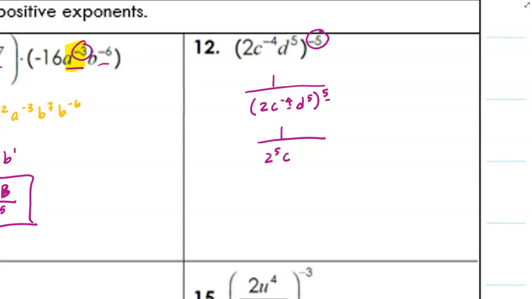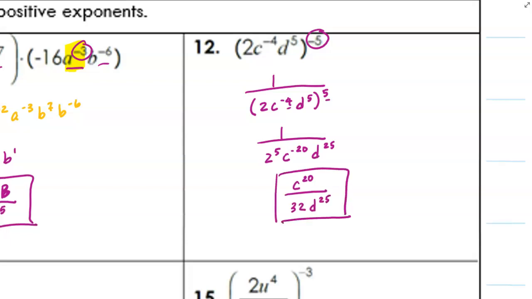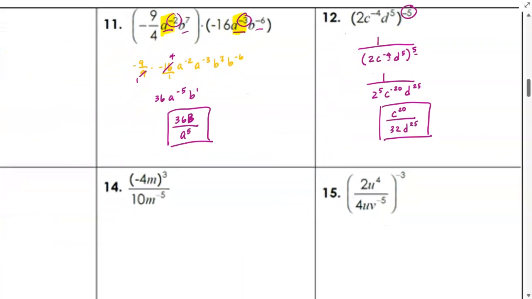See, we multiply the 4 and the 5, the negative 4 and the 5, negative 20, and d 25. Let's clean that up, clean the exponents so that, see, the 20 goes up. 2 raised to the 5th power is 32, and d to the 25th. Good job.